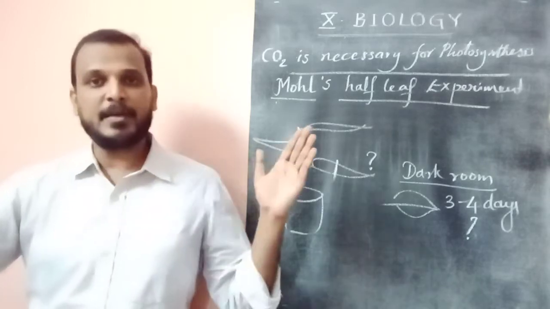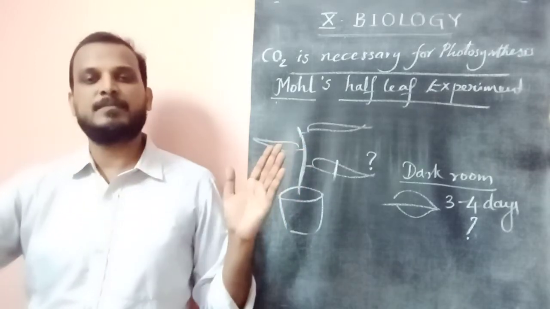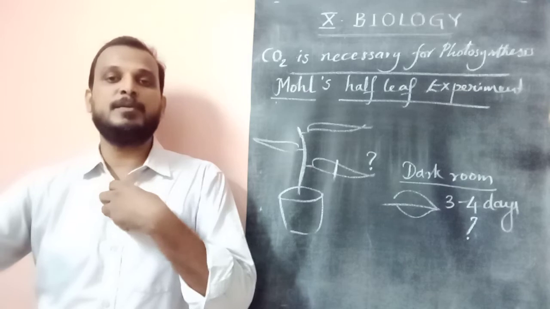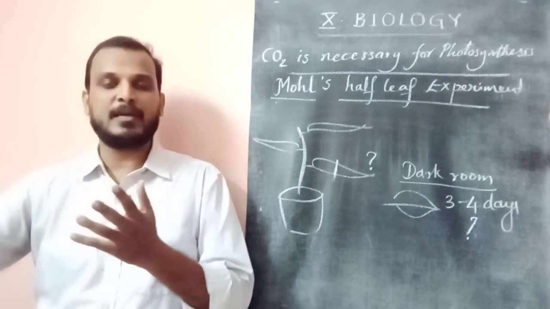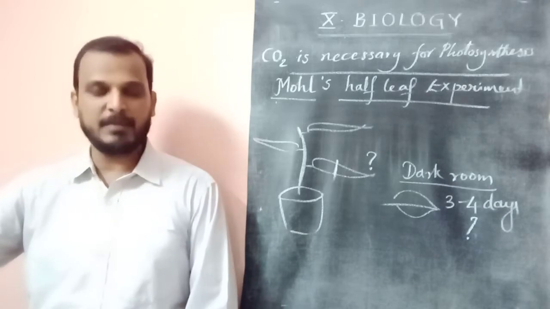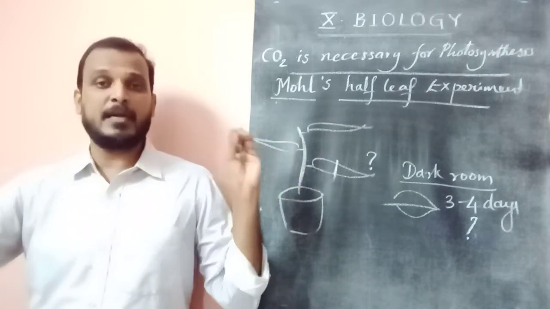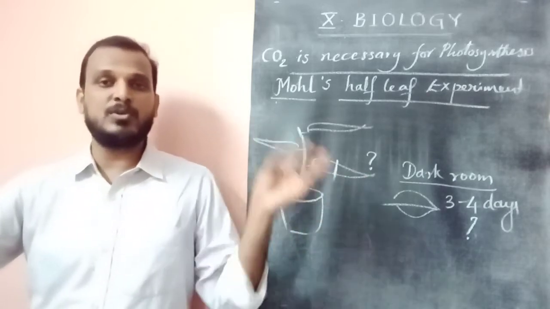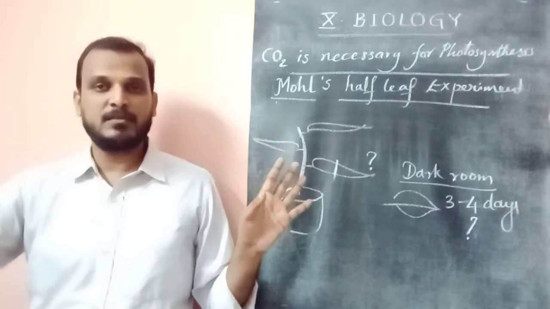If we stop taking food for some days, the reserve food will be used by us and we become without reserve food in the body, in the cells. In the same way, when a plant is kept continuously in sunlight, it produces glucose and stores starch as reserve.